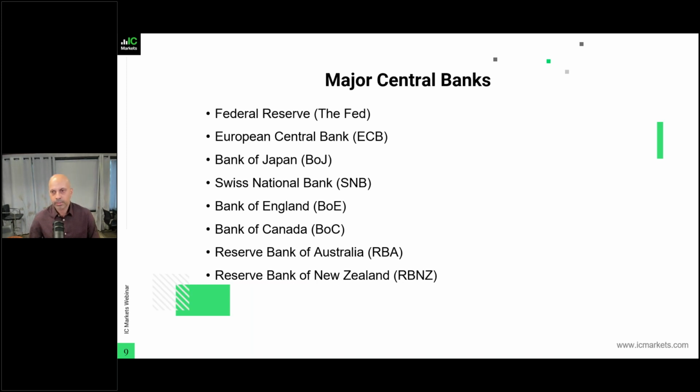So for example, in 2022, when inflation was taking off globally, almost all central banks were raising rates aggressively, led by the Fed, except for one. Okay, and the only outlier in this group of central banks was the Bank of Japan, or BOJ.